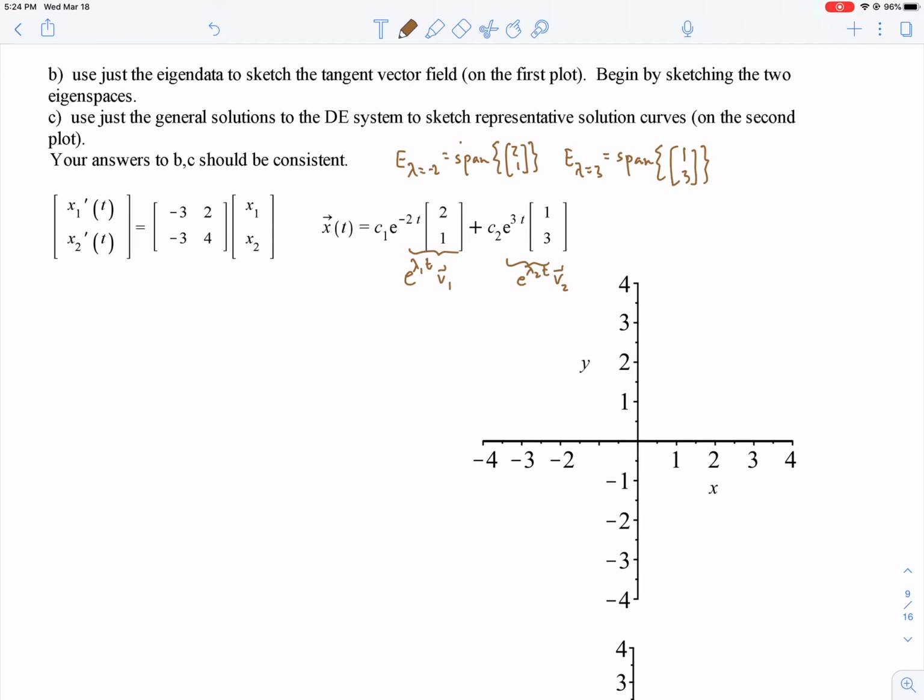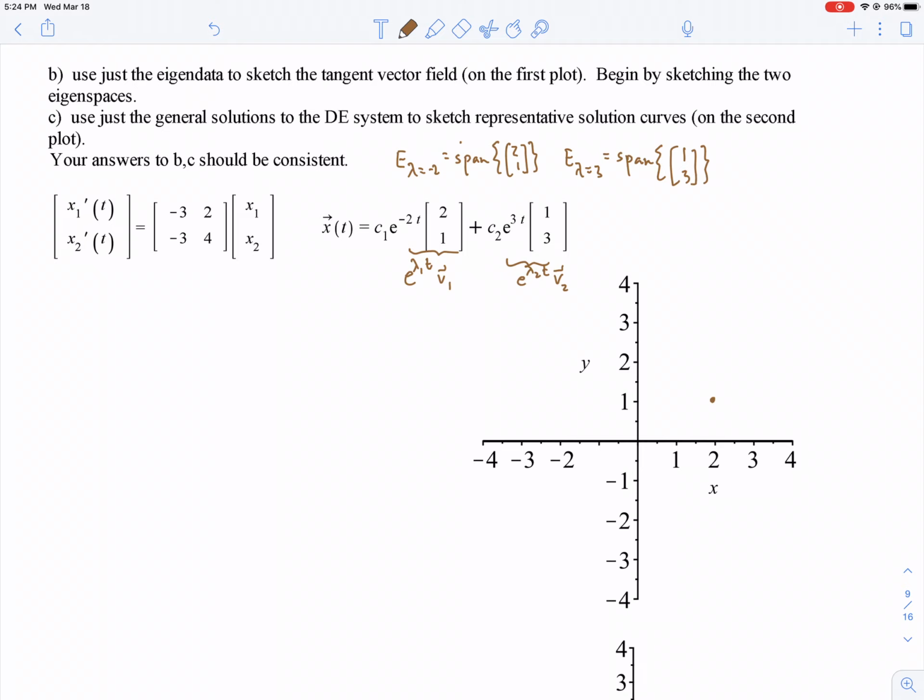Okay, so in part B, we're going to use the eigendata to start sketching the tangent field. So I'm going to sketch the two eigenspaces first. So I'll plot the point (2, 1), whose position vector is the vector (2, 1), because that's a basis vector for the -2 eigenspace.